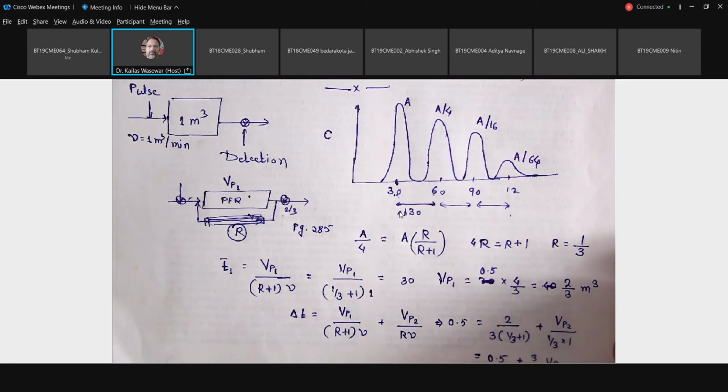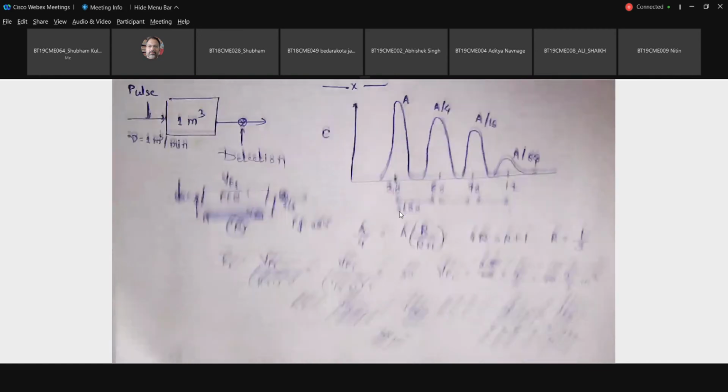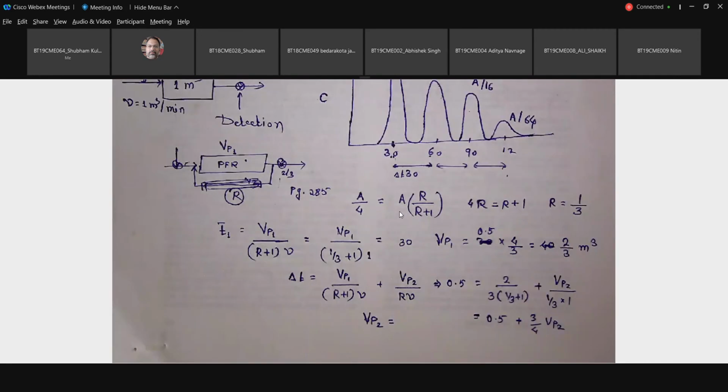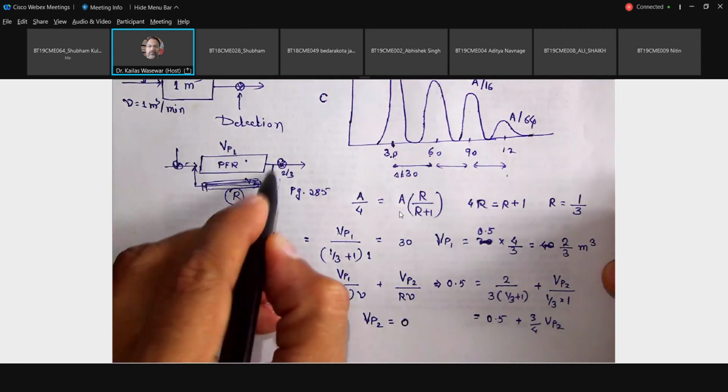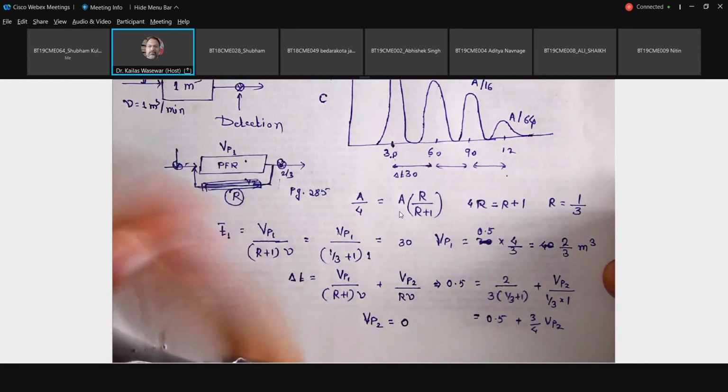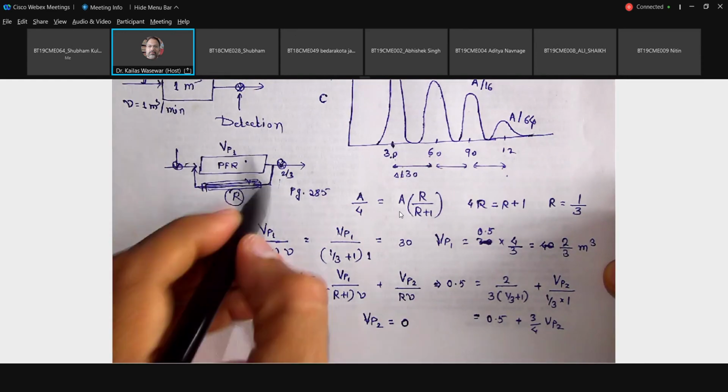Is it? That means what? VP2 is equal to how much? VP2 will be 0. That means this is simply recycling without having any residence time, just recycling it.